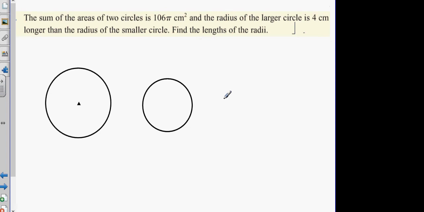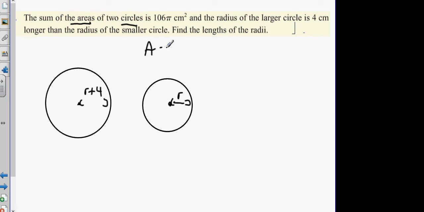The whole point of this question is we don't know what the radii are. So let the small radius be x, or in our case we're just going to let it be r because we're used to the radius being r. And the bigger radius therefore has to be r plus 4. Go into your keywords: area, circle.